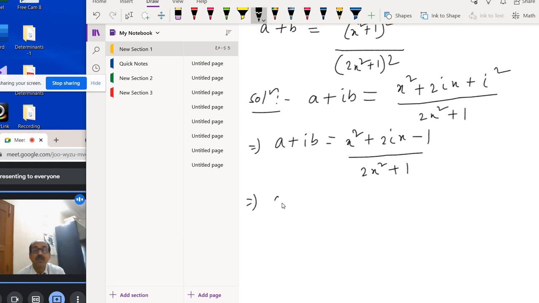So a plus ib equal to, separate real part and imaginary part.